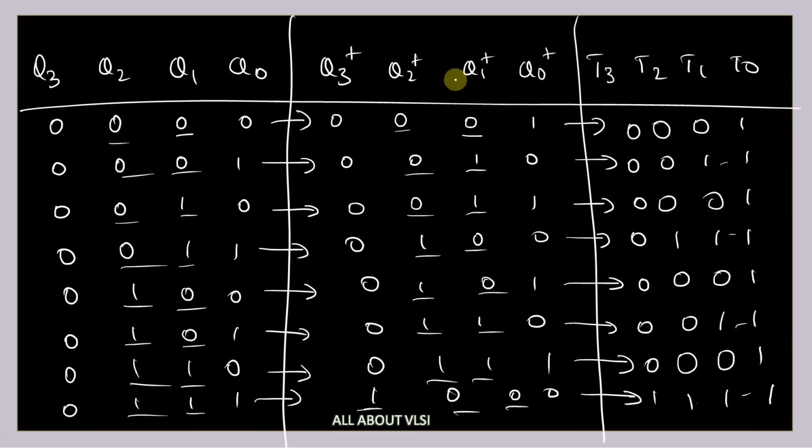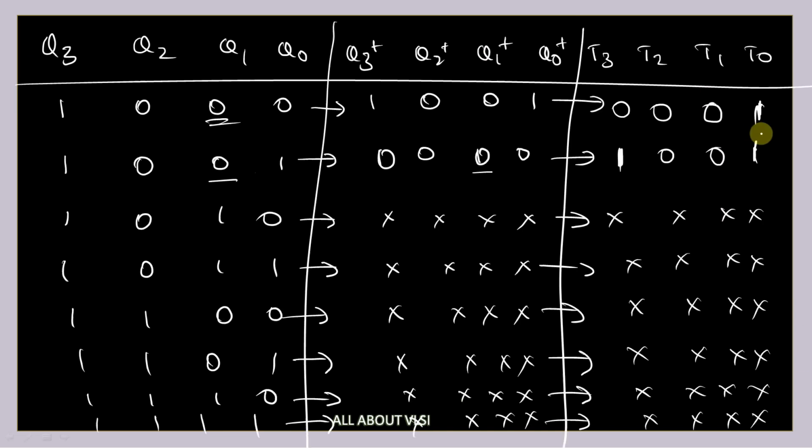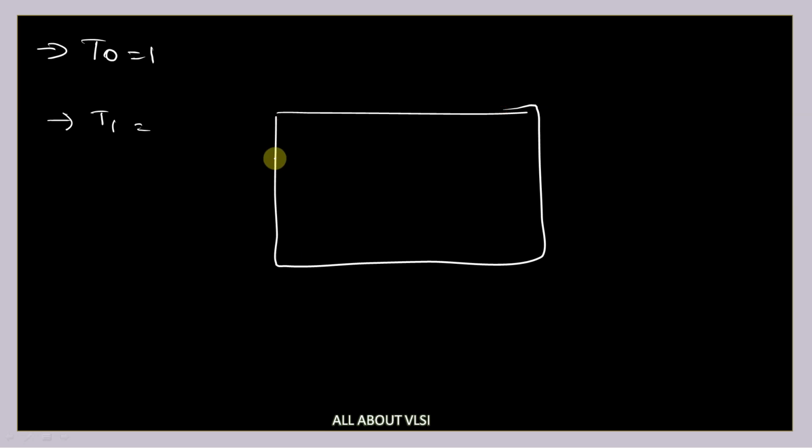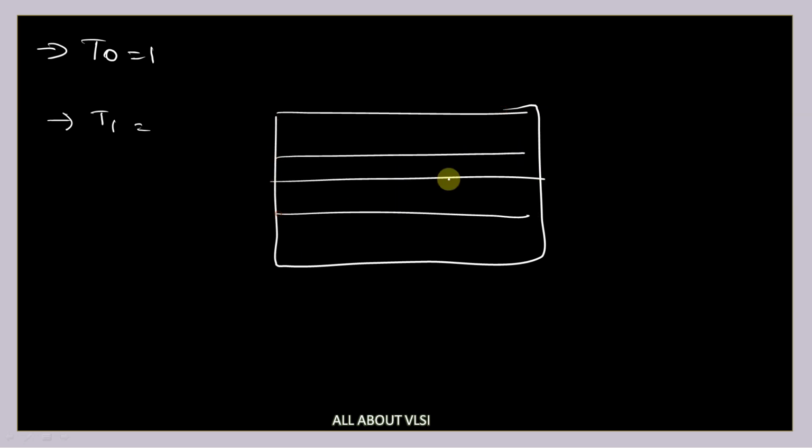From the table, I can see the value of T0 is equal to 1. The value of T0 is equal to 1 itself. And coming to the value of T1, let us draw the K-map for this. This is my Q3, Q2, Q1 and Q0.